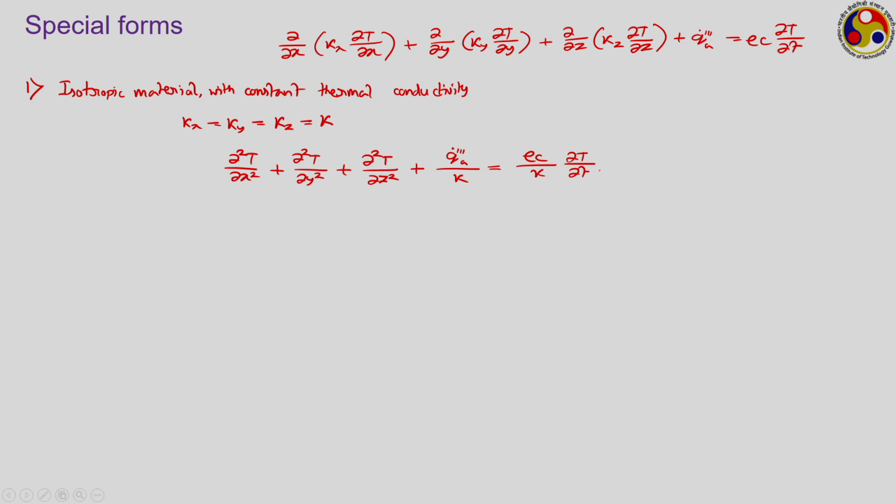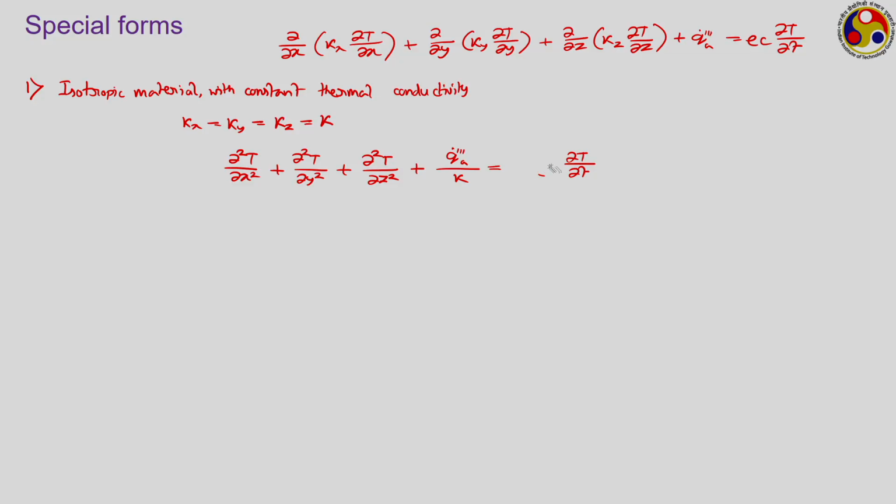Now, what is this ρc/k, or k/ρc? That is the thermal diffusivity that we introduced in the previous lecture. So this is just 1/α, the reciprocal of the thermal diffusivity. This is a much simpler form and quite often much easier to deal with. We can write this in a generalized form also: ∇²T plus q̇g‴/k equals 1/α ∂T/∂t. That is one common representation.